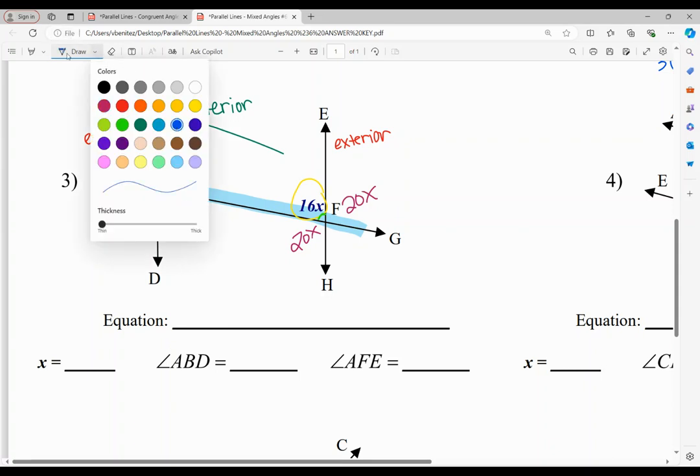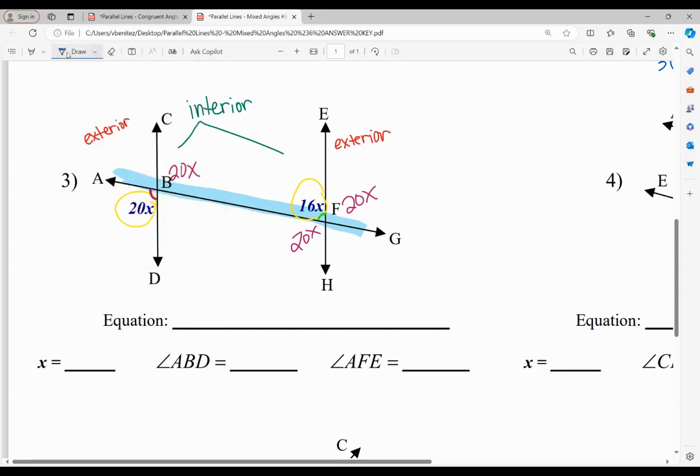So my equation that I would set up is 20x plus 16x together will add up to 180. So then if I solve this algebraically, I'm going to combine these two terms, 20x and 16x would be 36x. Variables with variables and numbers with numbers.